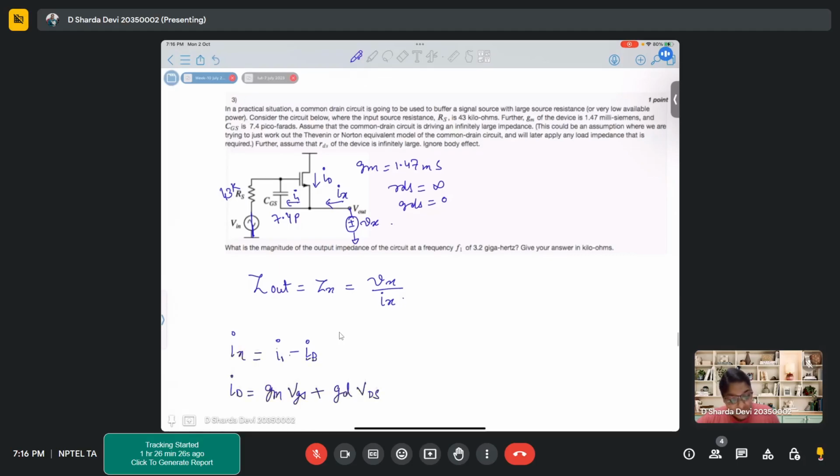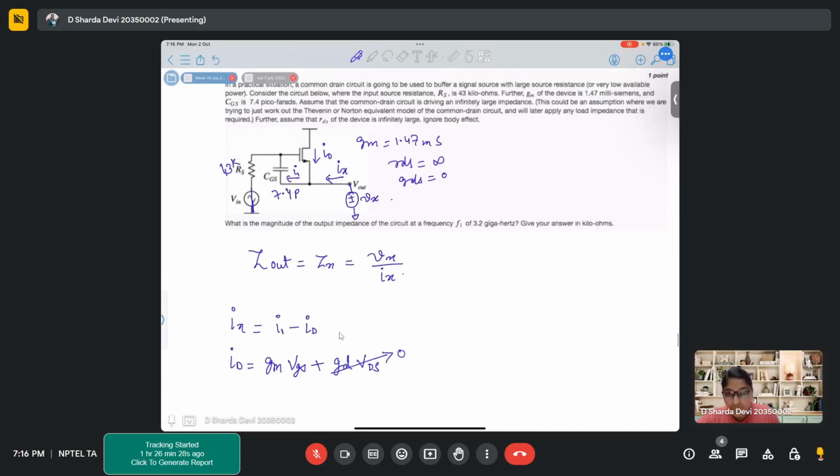It was already mentioned that GD is 0. So ID is GM into VGS. If you observe very carefully for the given transistor, this is VG, this is VS. So VGS can be written as VG minus VS, which is Vx or Vout, right?